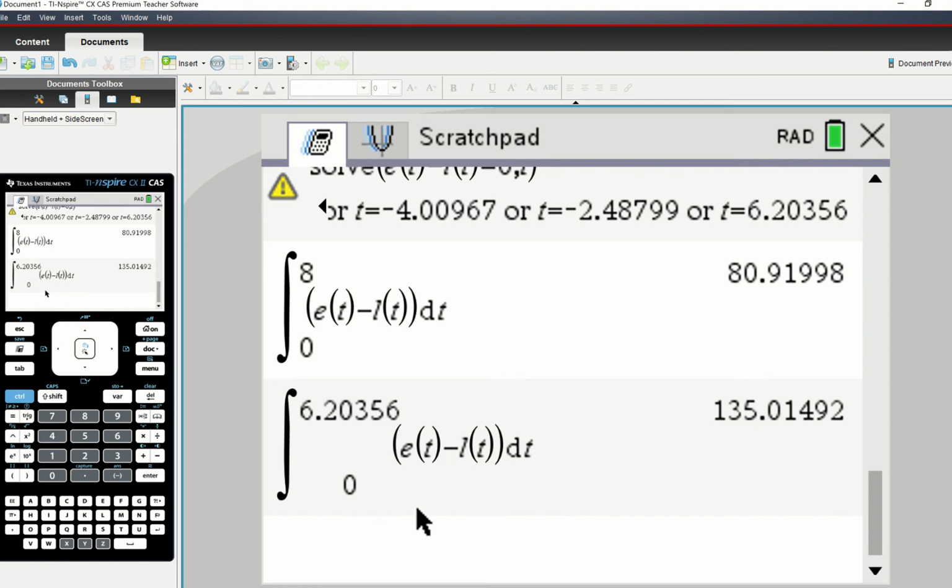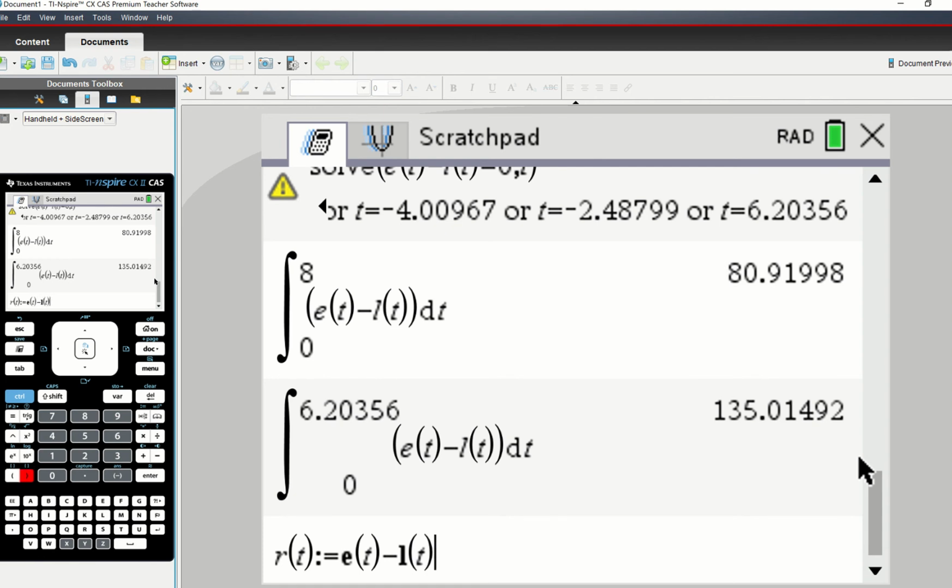So remember, I do have E prime and L prime defined in here, but it might be helpful for me to come up with some other rate. I'll call it R of t, that I'm just going to do as E of t minus L of t. So that's what R would be, the original rate.